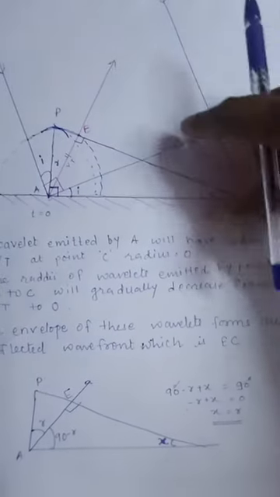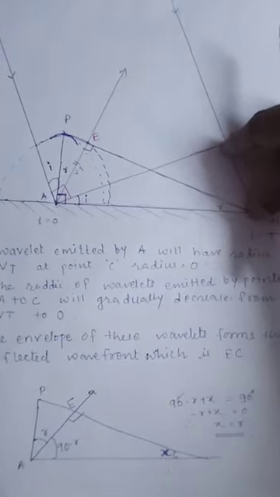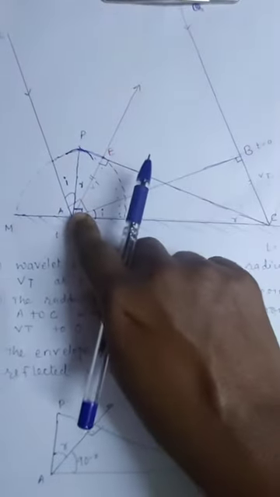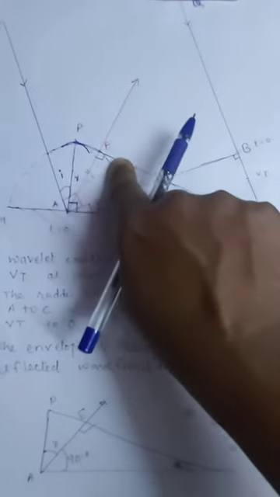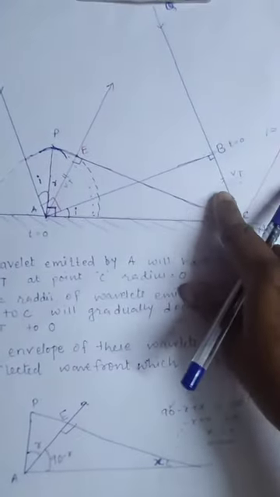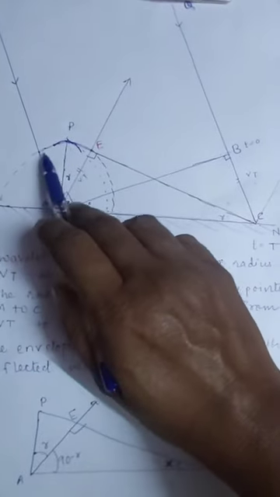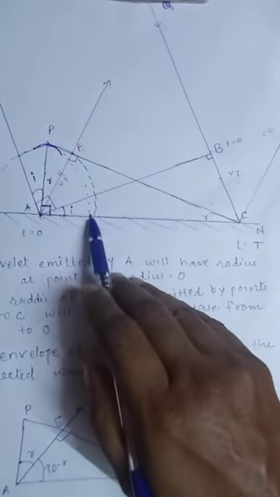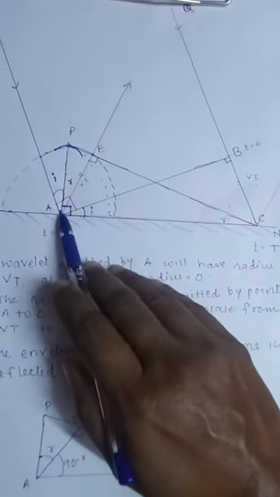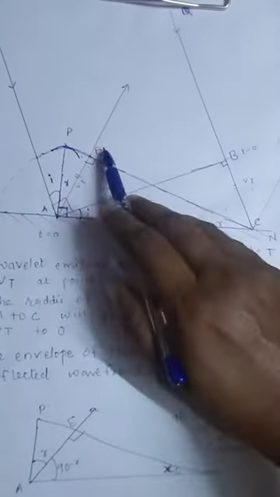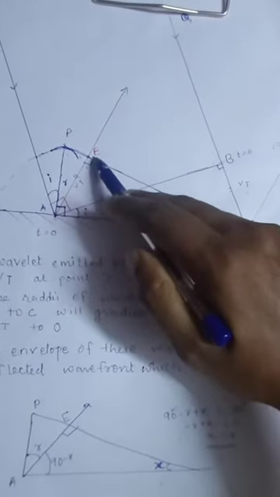With the same distance, the radius will be the same. From the point A, if you draw a hemisphere of radius vt, that will give the reflected wavefront. Having radius vt, the reflected wavefront will be AE.